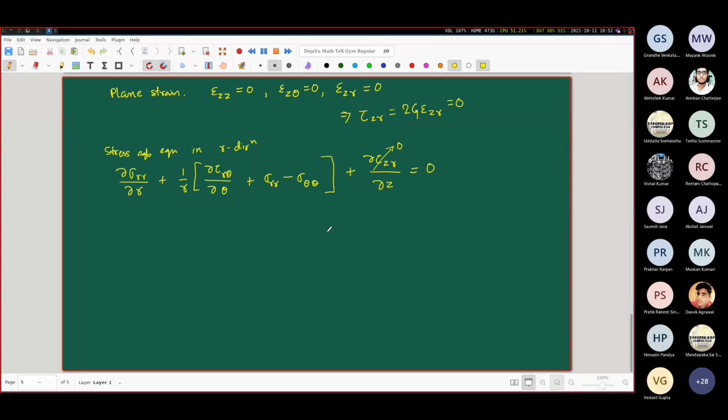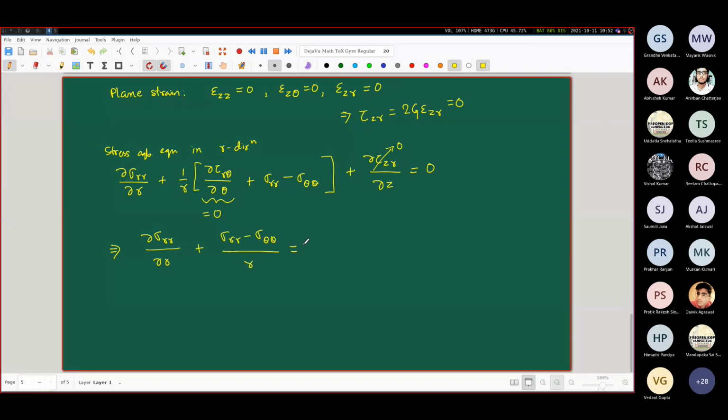What about this term? This term is equal to 0 from what consideration? From the consideration of axisymmetry, because this is involving a del del theta. So what we are obtaining from here is del sigma RR by del R plus sigma RR minus sigma theta theta divided by R equal to 0.